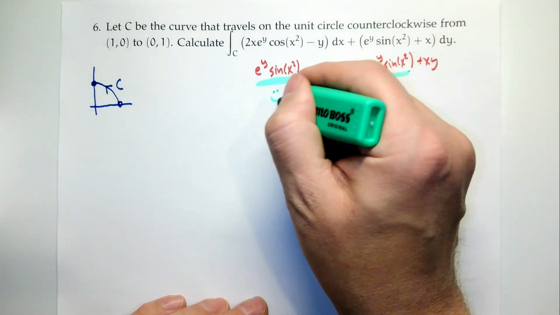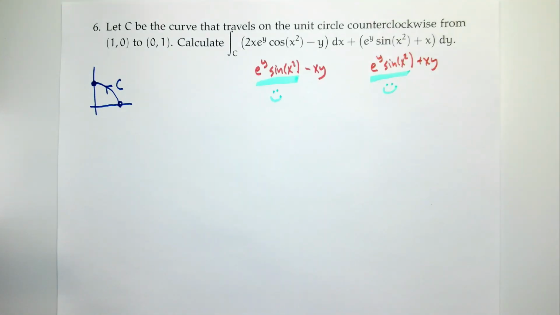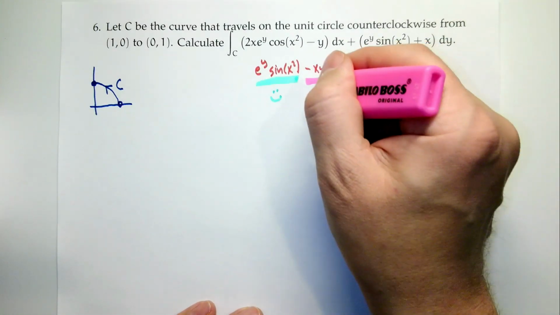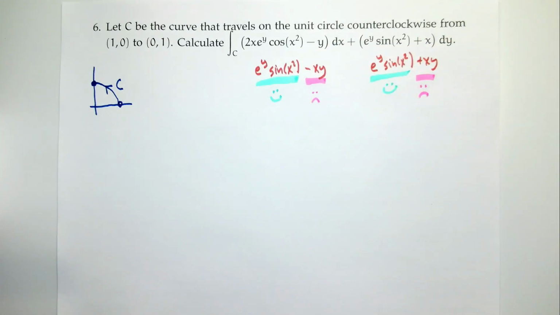This is happy stuff for us. They match. So that means that parts of it are conservative. But other parts don't match. And when you have things which don't match, that means that parts of it are not conservative.